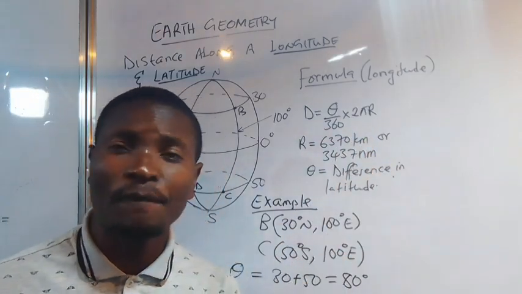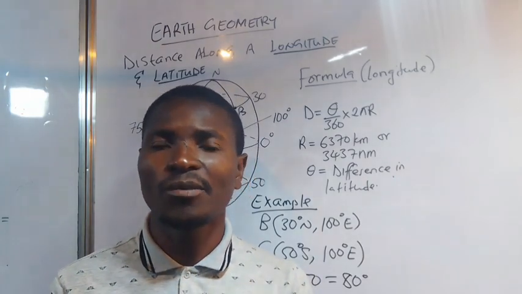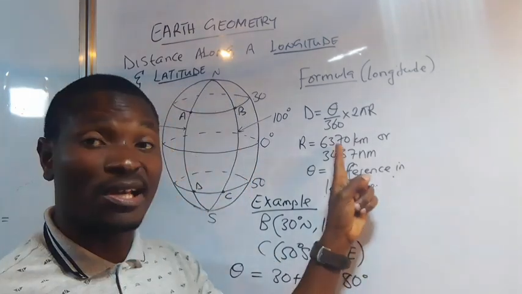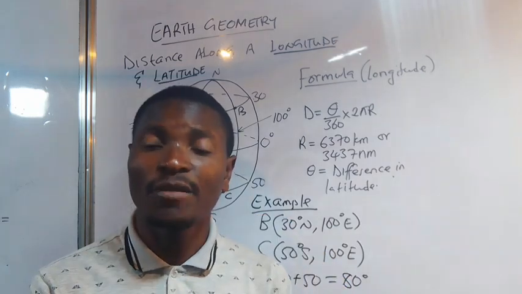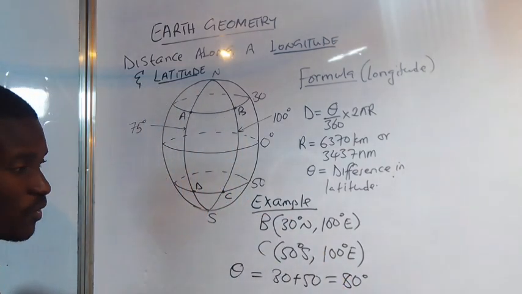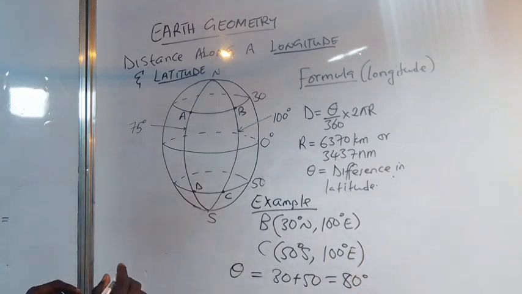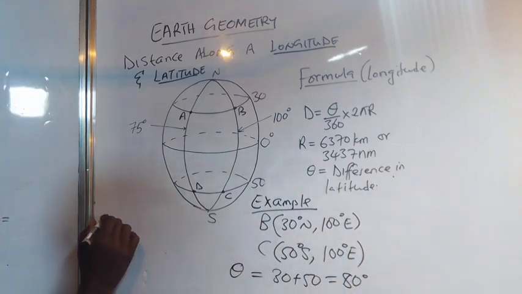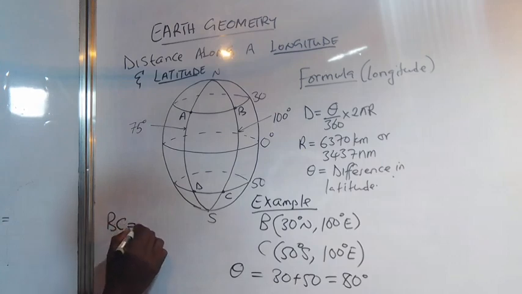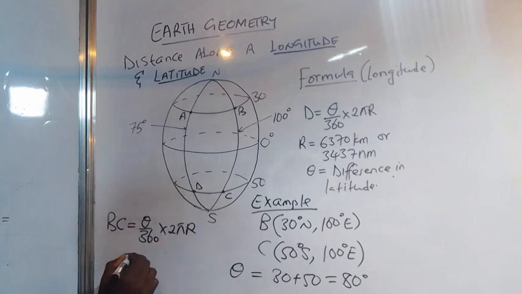Now, let's just say our distance should be in kilometers, and you're going to use the radius of the Earth as 6370 kilometers. And therefore the distance BC equals theta over 360 times 2 pi r.